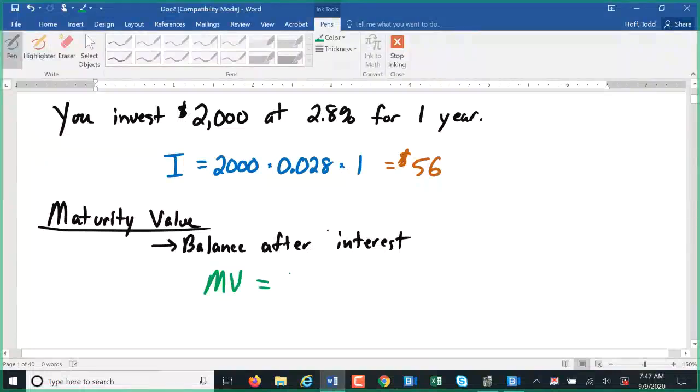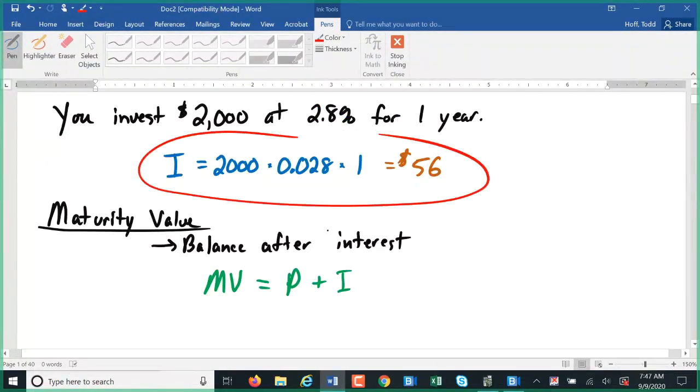The maturity value is just equal to the principal that you started with plus whatever interest you earn. So for this example up here, the maturity value would be that principal of $2,000 plus the interest of $56, which would be $2,056.